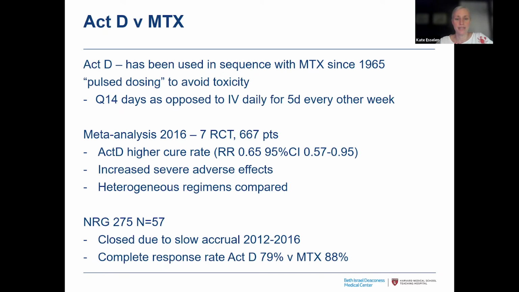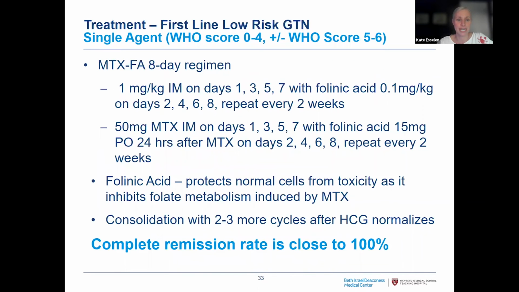But these data don't answer the question of which one is better. Both are really good choices. Both have incredibly high cure rates. And so our practice here, and also at the New England Trophoblastic Disease Center where I trained, is to use the multi-dose methotrexate regimen, which is an 8-day regimen where you're given 4 doses at 1 mg per kg of methotrexate IM.